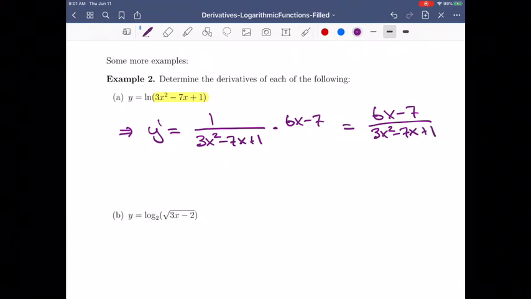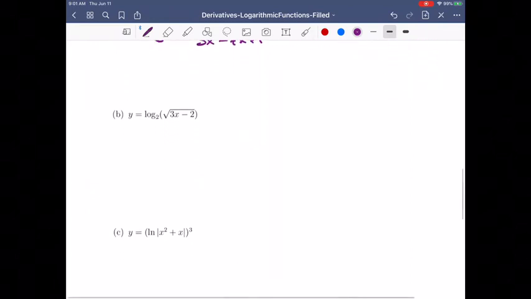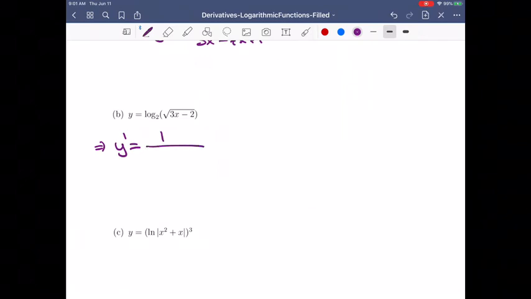Now, what about log base 2 of the square root of 3x minus 2? Well, I have this inside bit, so it's 1 over the inside bit, times ln 2 because of the log base 2, and then I need to multiply by the derivative of the inside bit.